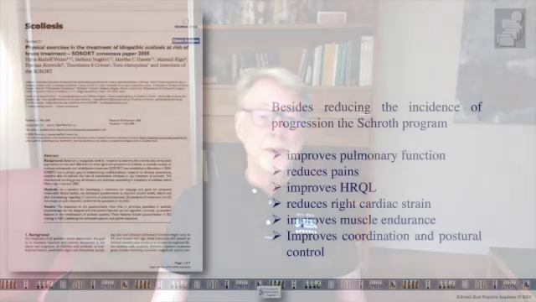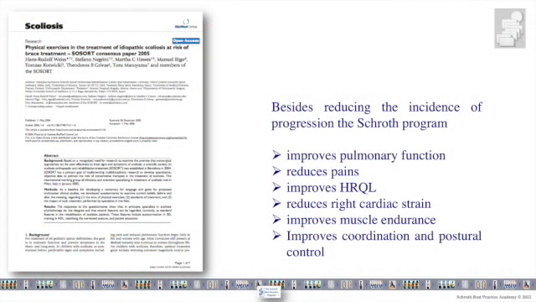Besides reducing the incidence of progression, the Schroth program improves pulmonary function, reduces pain, improves health-related quality of life, reduces right cardiac strain, improves muscle endurance, and improves coordination and postural control.